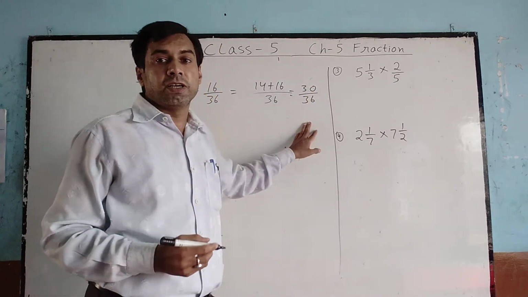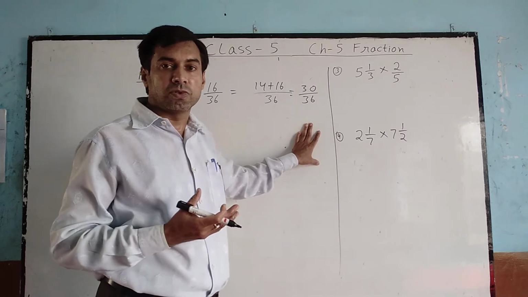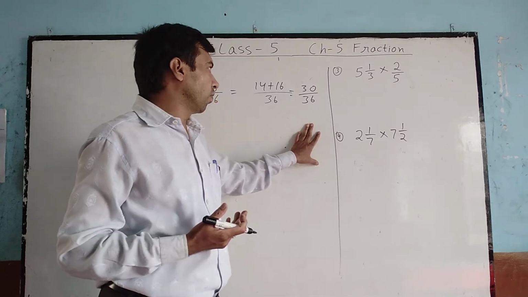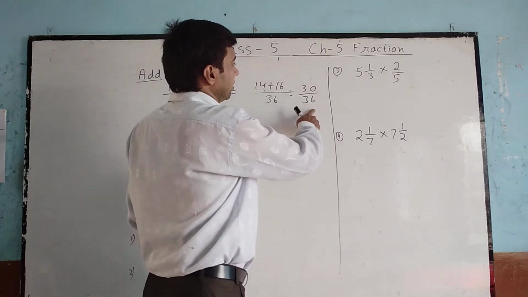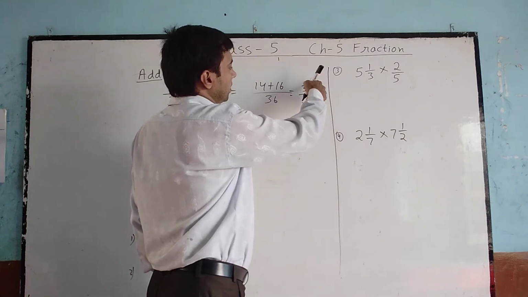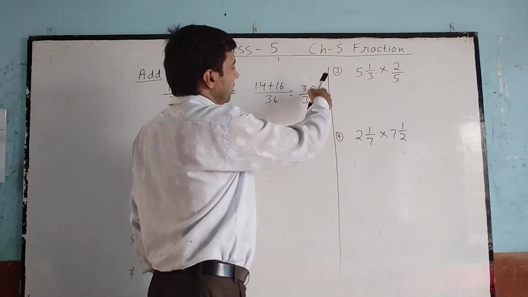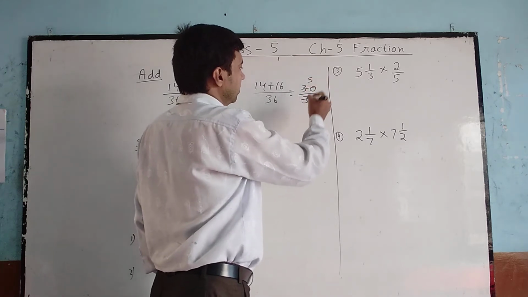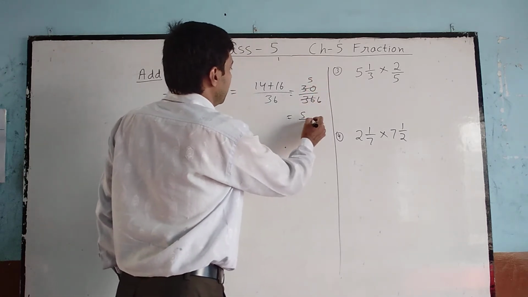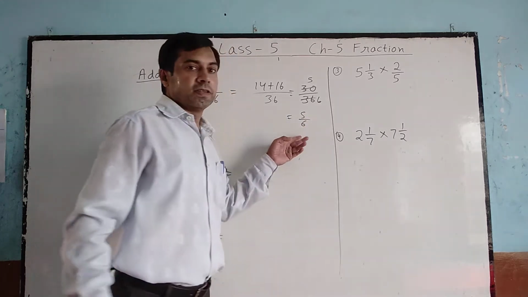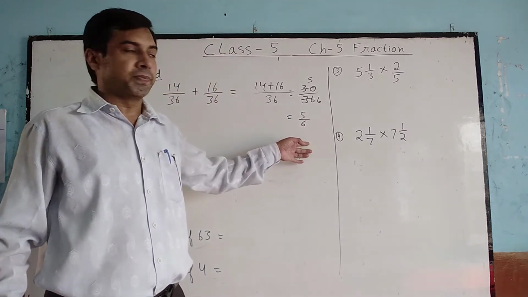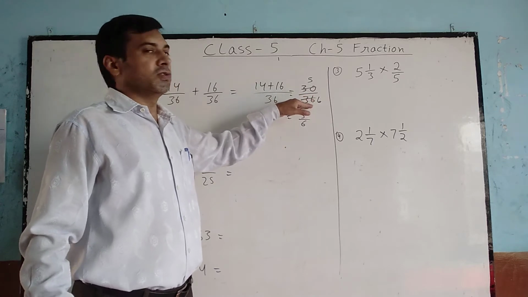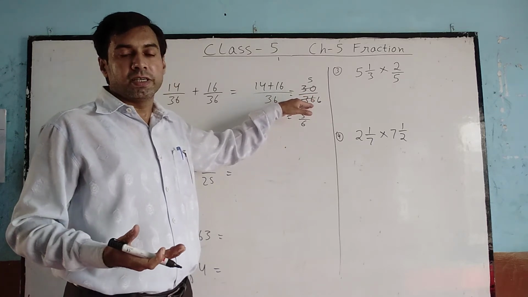Students, we can reduce our sum to the lowest terms. How? See here, 6 fives are 30, 6 sixes are 36. So 5 by 6. This is the lowest term. If you have left it as it is, this answer is also correct.